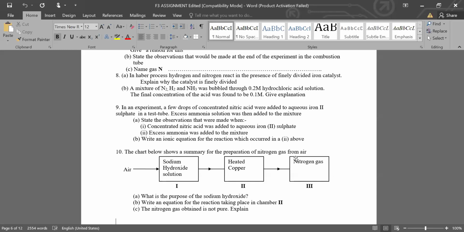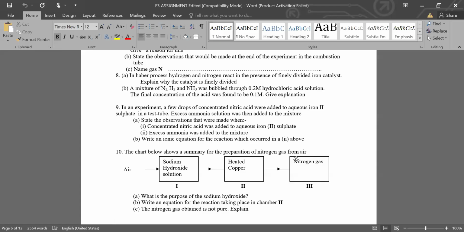And the other product is going to be iron. Iron will change from iron 2 to iron 3. Therefore, the property there is oxidation. It oxidizes iron 2 to iron 3.